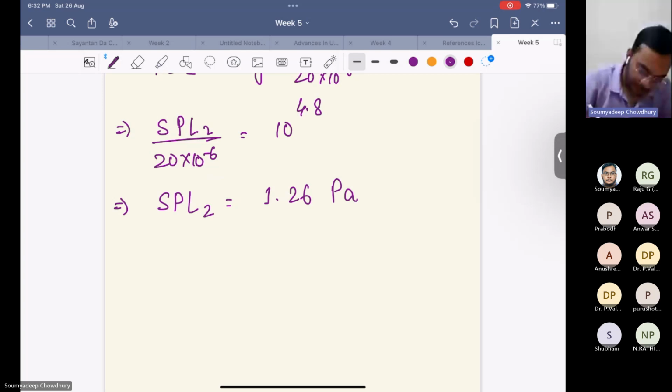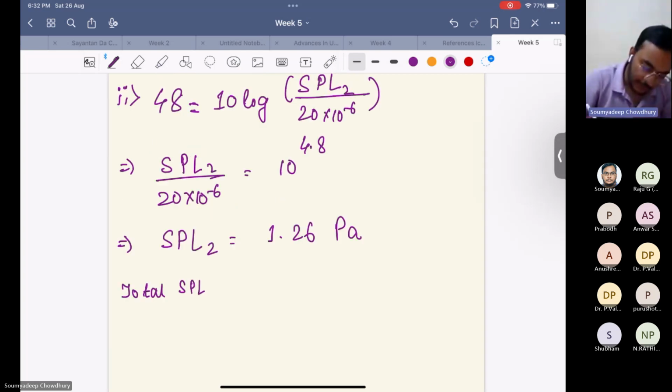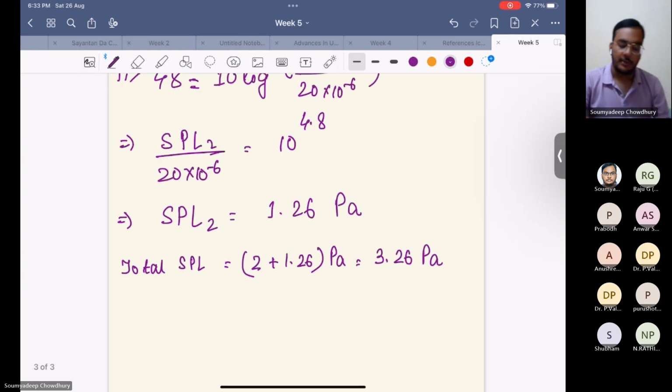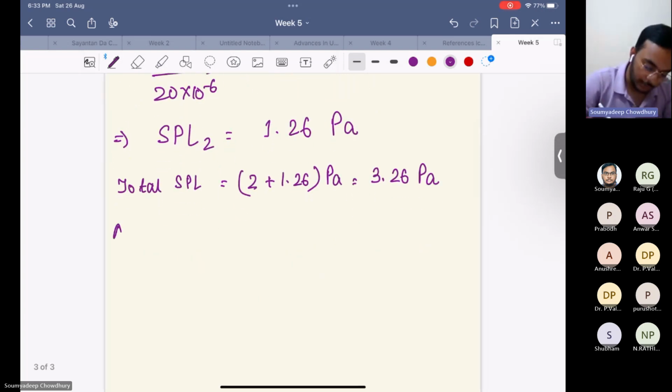So what will be the total SPL? The total SPL will be corresponding to 50 dB, it is 2 pascals, and 1.26, so it is 3.26 pascals. So now you can find out what is the total audible noise in dB.